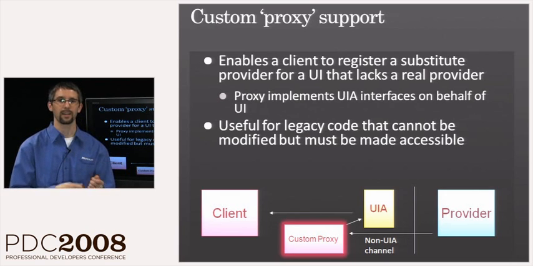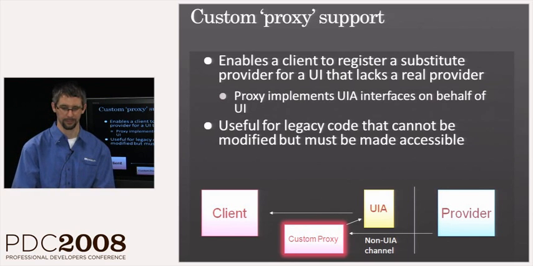We actually do exactly this for the old User32, the old basic controls in Windows like button and checkbox. We didn't want to go in and augment them with accessibility code directly, so we built proxies that run on behalf of those controls and expose their accessibility implementations. So this only runs within the client process. Registering one of these isn't a global action, so its scope is limited just to your application.